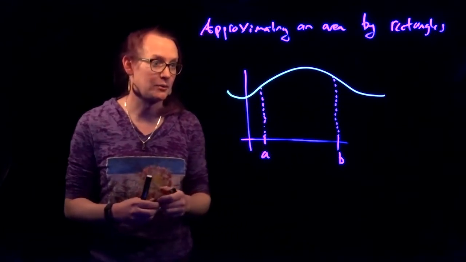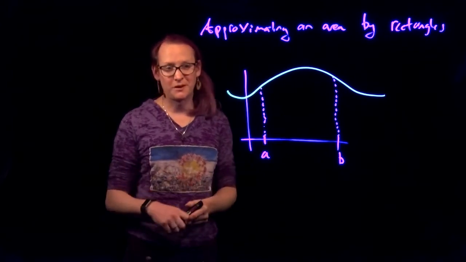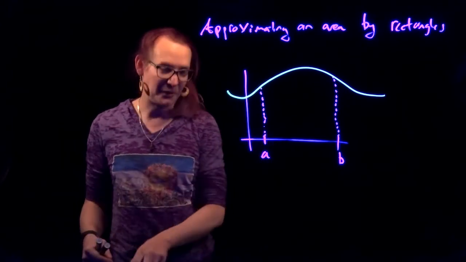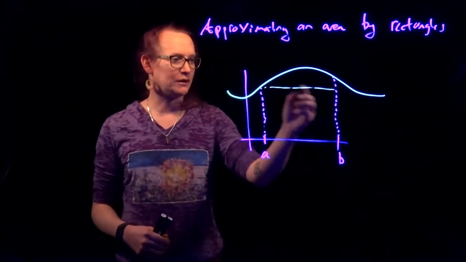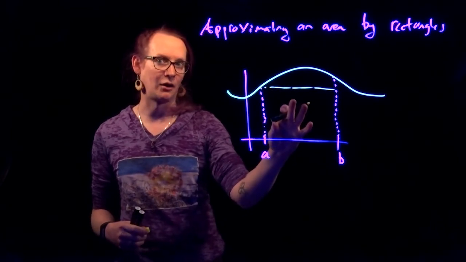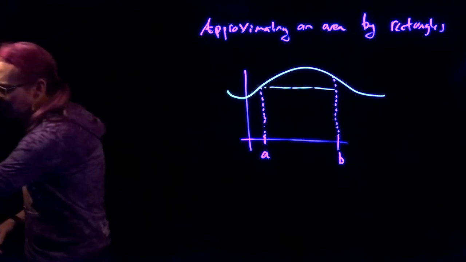One way to do it would be to just say, well, it looks pretty rectangular to me, so let's take the area to be the area of this one rectangle. But you might say, that's not so great.